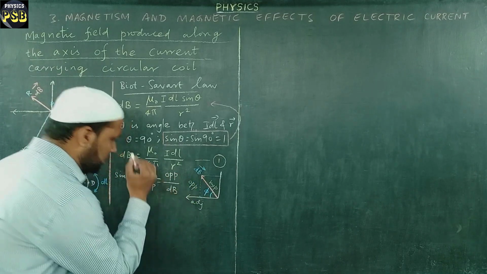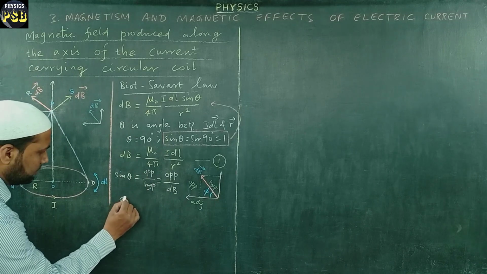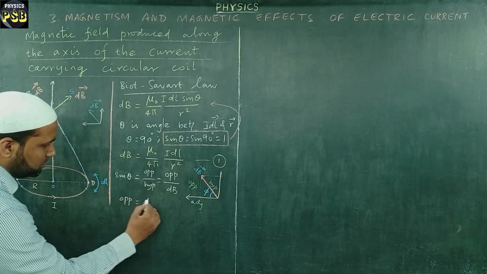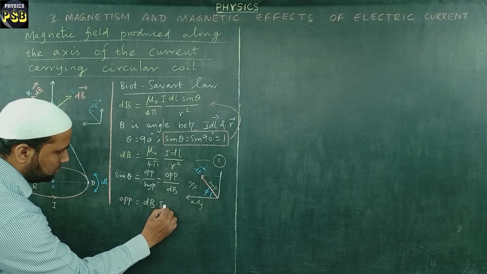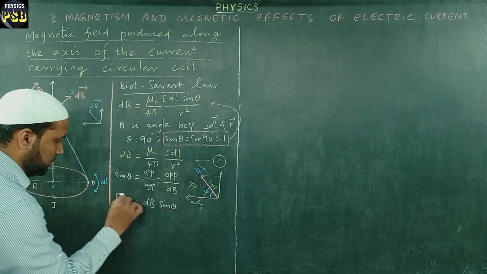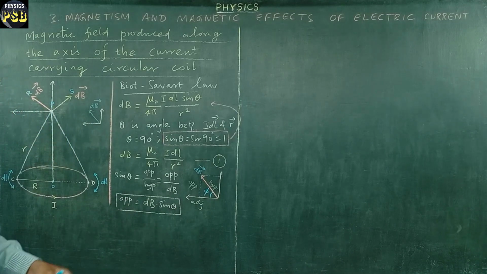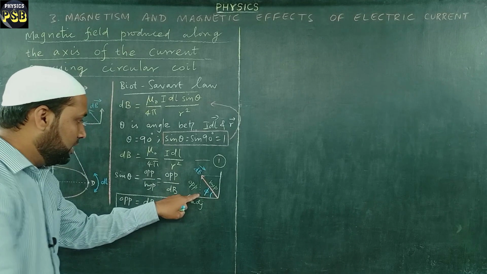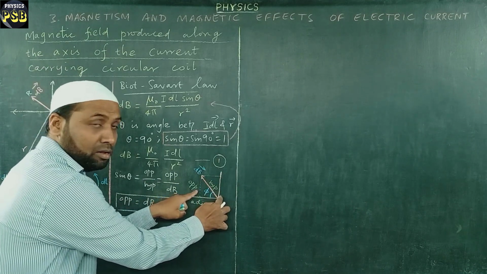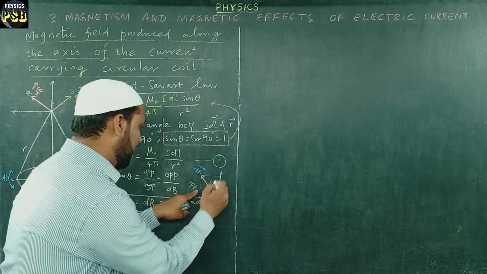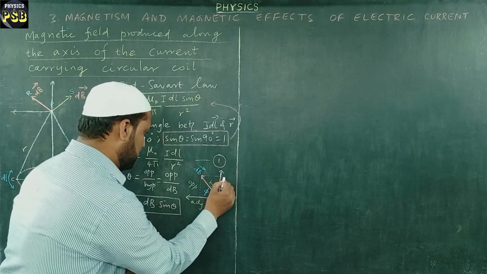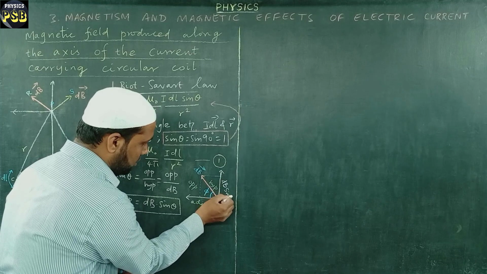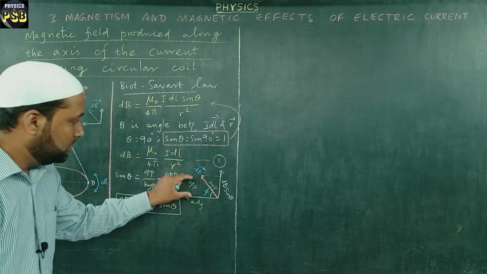I take only the magnitude. So I cross multiply to get the value. So opposite side will be equal to dB sine theta. I box this. Where do we have the opposite side? This is the opposite side. If its value is dB sine theta, this line which is kept parallel will also give the same value, dB sine theta. I hope I have explained it well.